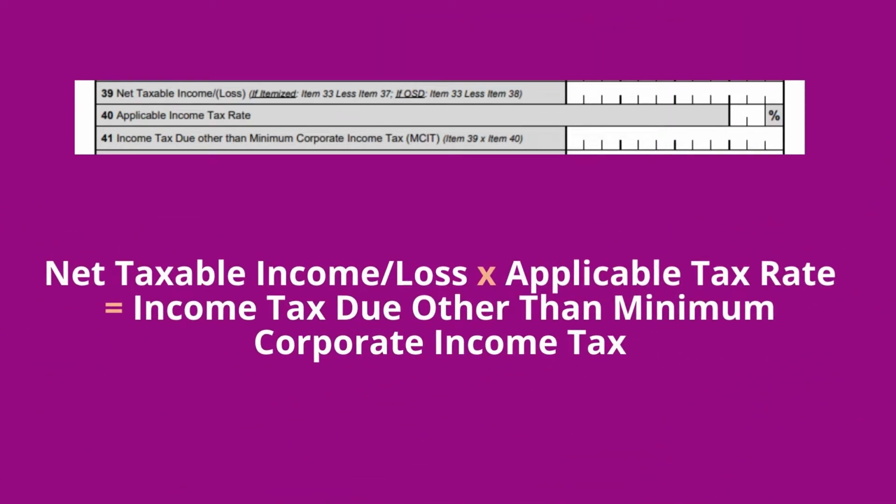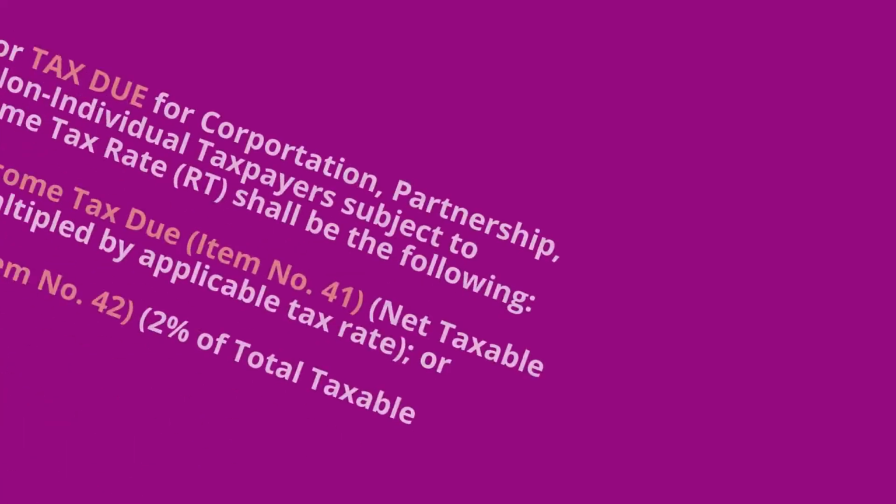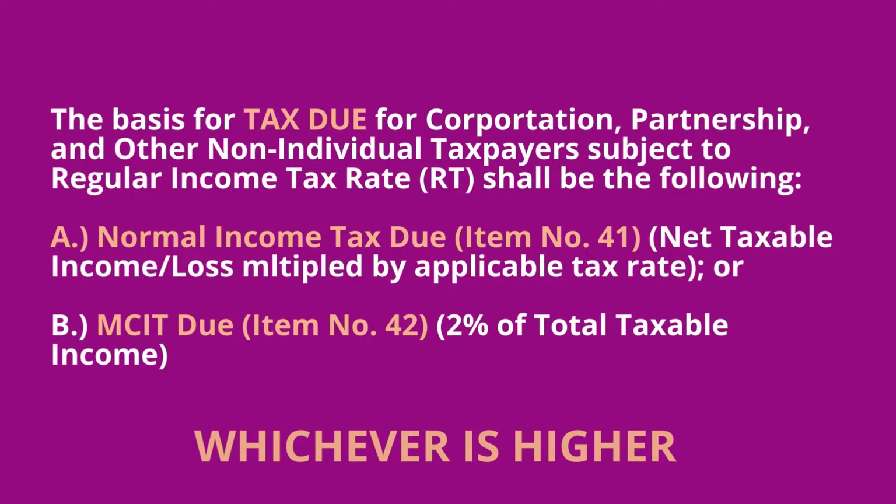Then we will input the applicable income tax rate. Then the result will be the income tax due other than the minimum corporate income tax. The basis of the tax due for corporations, partnerships, and other non-individual taxpayers subject to regular income tax rate will be the normal income tax due in item number 41 or the MCIT due in item 42, whichever is higher.